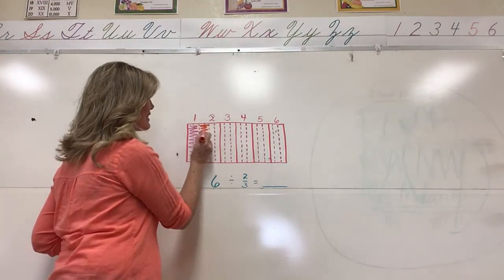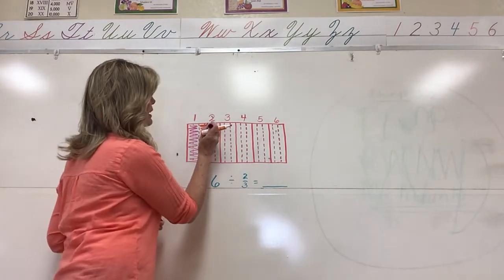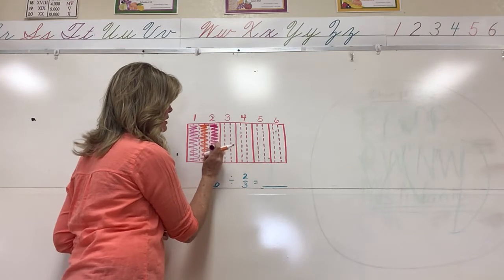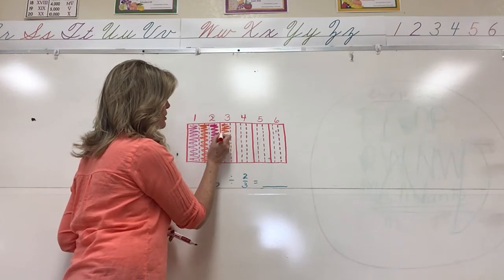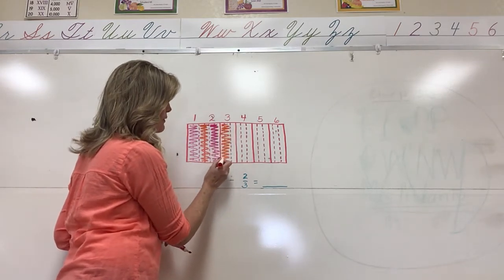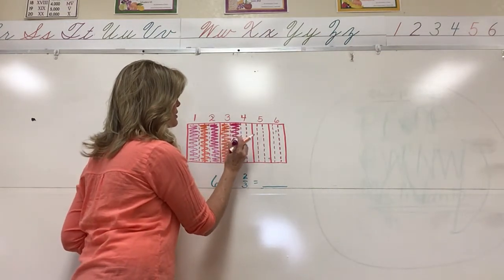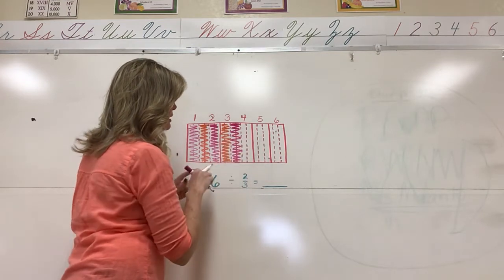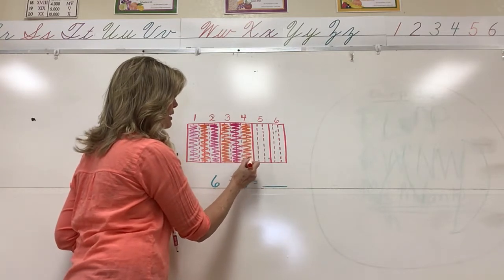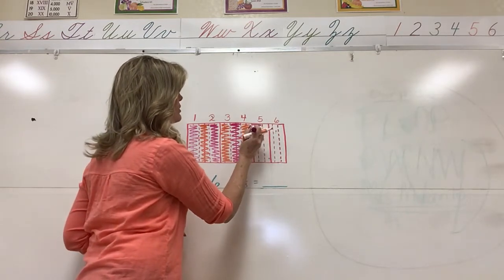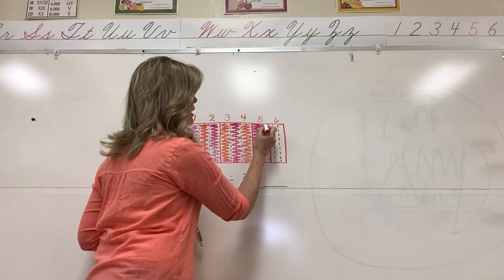Here's another 2/3. Here's my next 2/3. Notice I'm coloring 2 of the thirds at a time. Here's a 2/3, and here's a 2/3, and another 2/3.